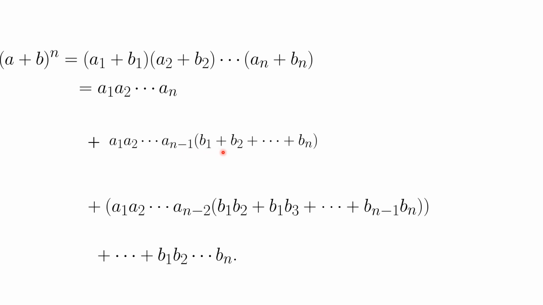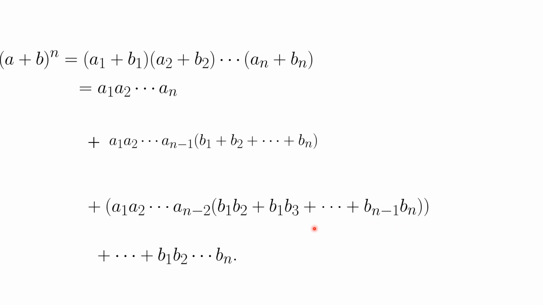If we take the factors into a bracket, for example b1 plus b2 plus b3 all the way up to bn, and so on. Continuing the analysis, the terms containing two b's correspond to all combinations of choosing two b's from n. For example, b1 b2 and b2 b3 and b3 b4 and so on.